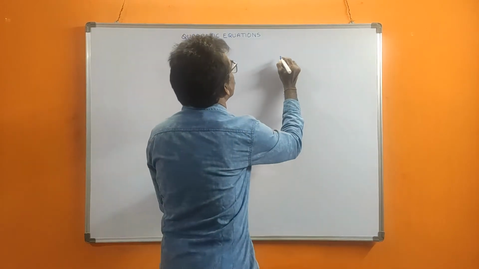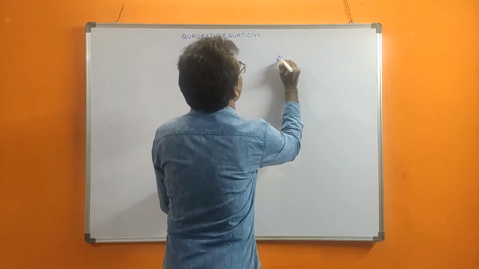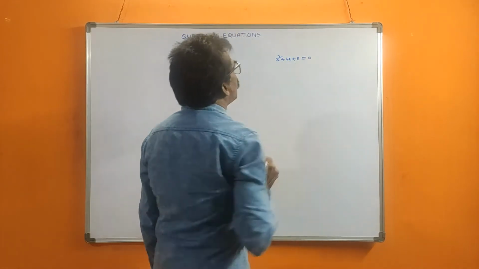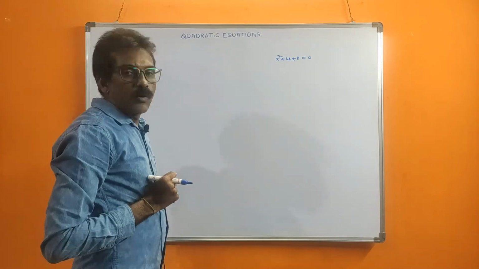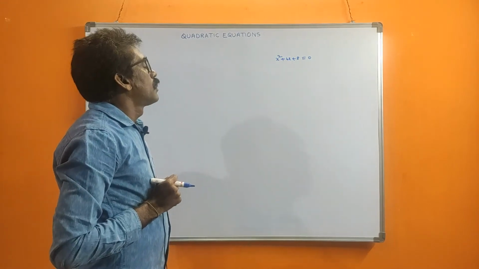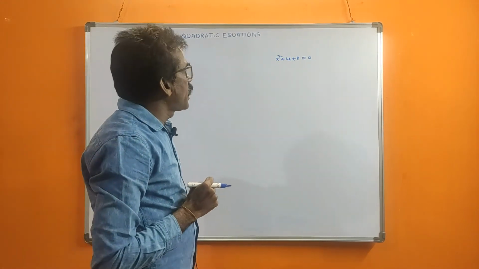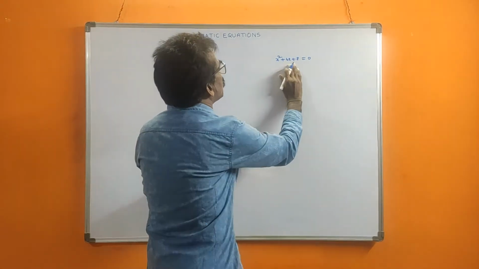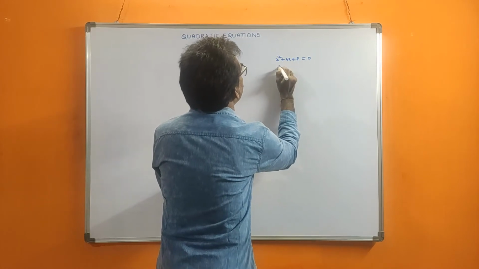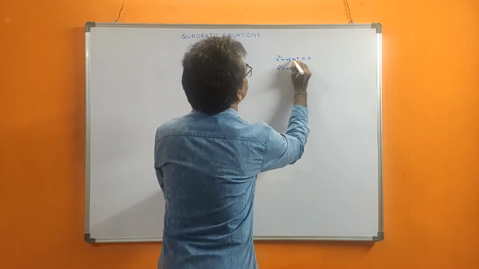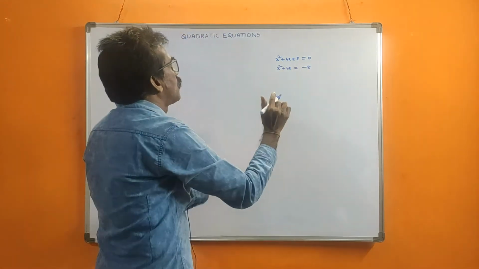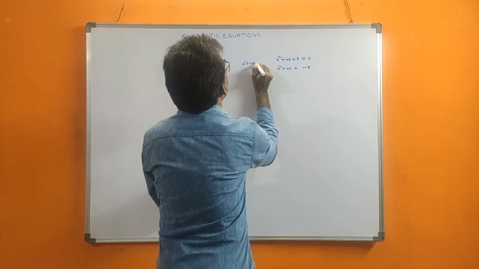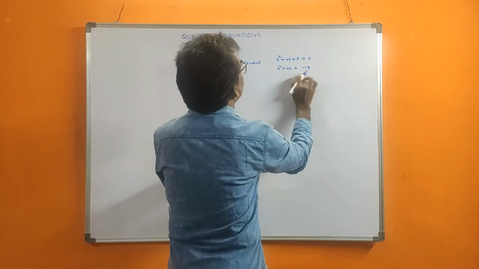Okay, next adjusting. For example, x square plus 6x plus 8 is equal to 0. This is a quadratic equation because the degree is 2. Now, without factorization, by adjusting, that means making a perfect square, we can find the roots. Make this side a perfect square. First, x square plus 6x is equal to, send 8 outside, minus 8. Now write it in the a square plus 2ab plus b square form.